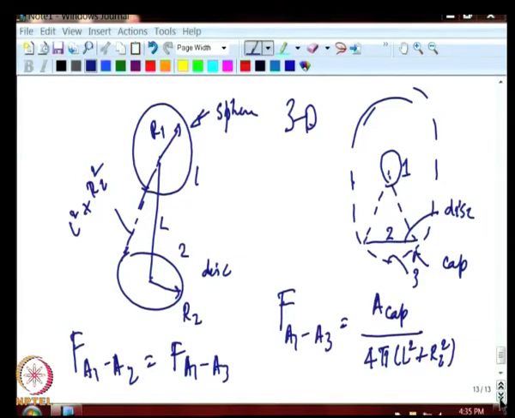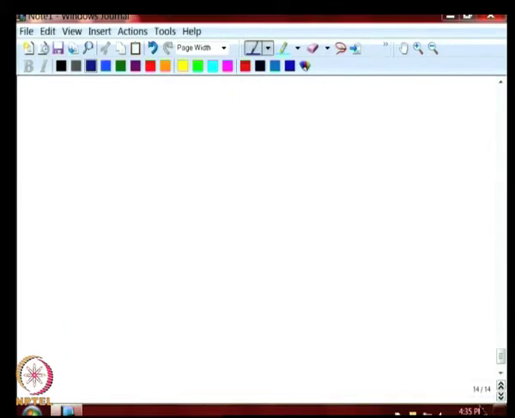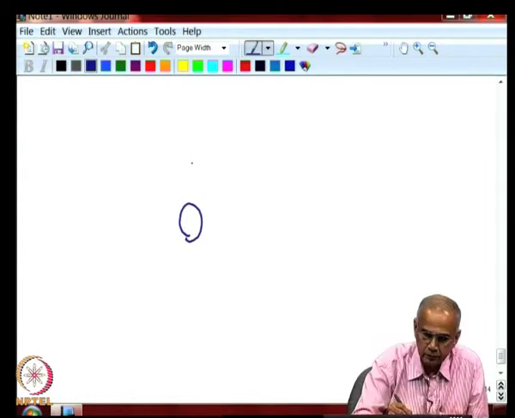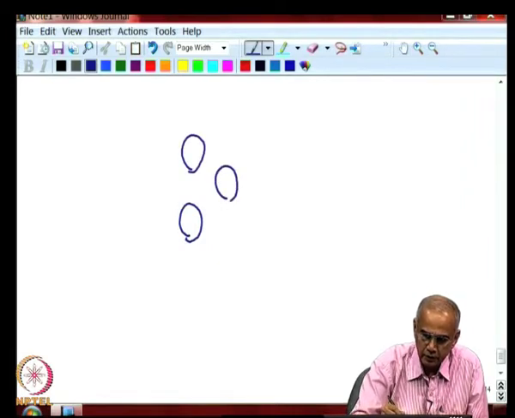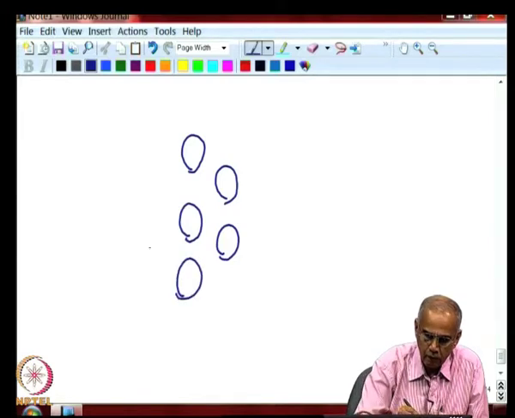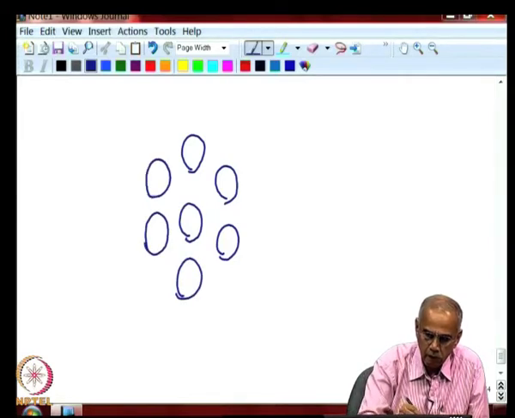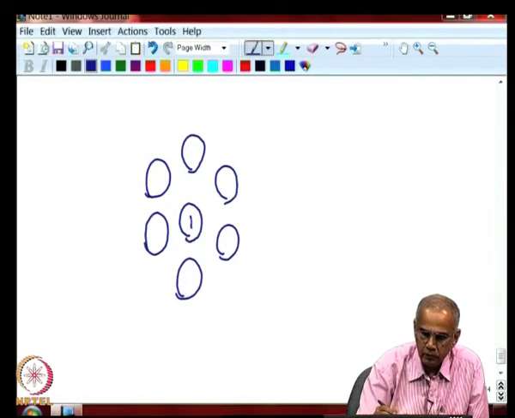Here is an example in which you think of a cylinder here and think of various other cylinders around it. And let us say I want to calculate F1 2.